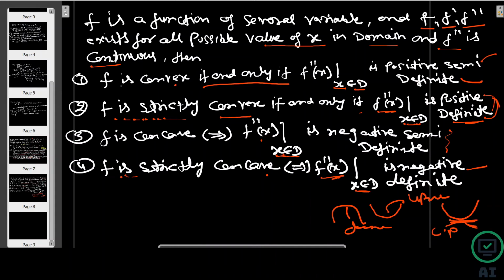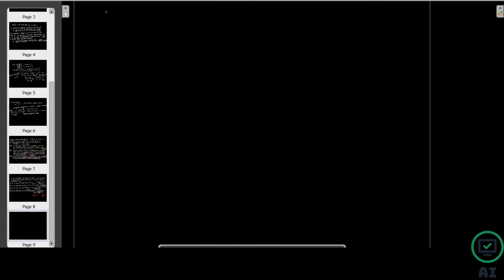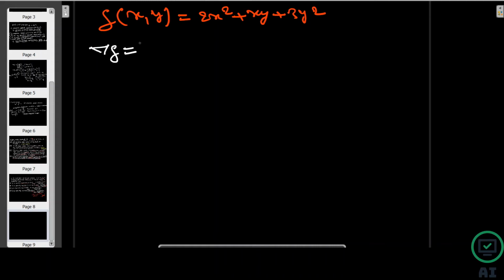So let's take one example for this. We have a function f(x, y) equal to 2x square plus xy plus 3y square, and then do the first derivative for this particular function. So what is the first derivative?